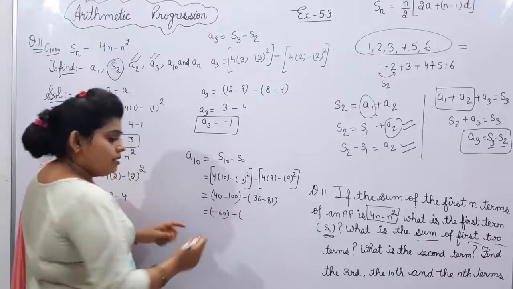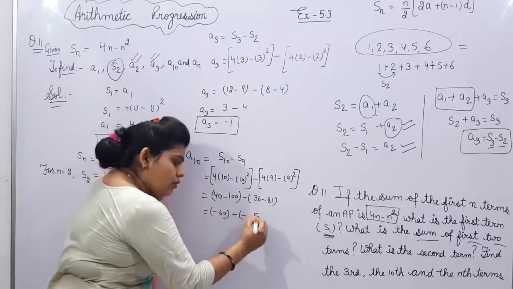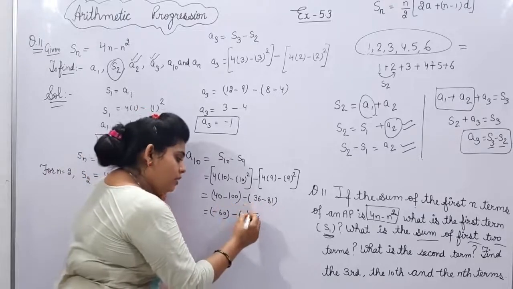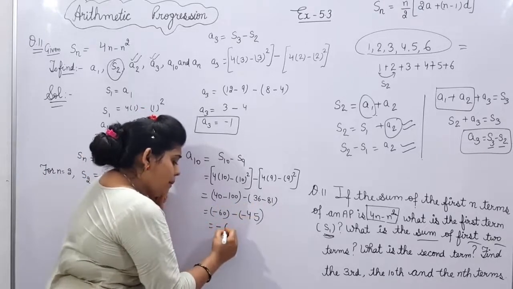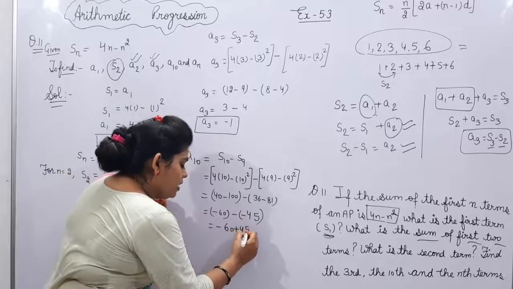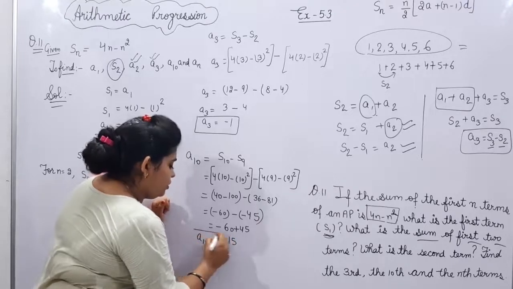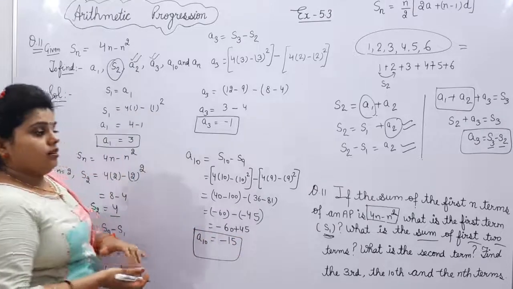From here minus 36 minus 81 is minus 45. Minus 60 minus minus 45 is equal to minus 15. This A10 is equal to minus 15.